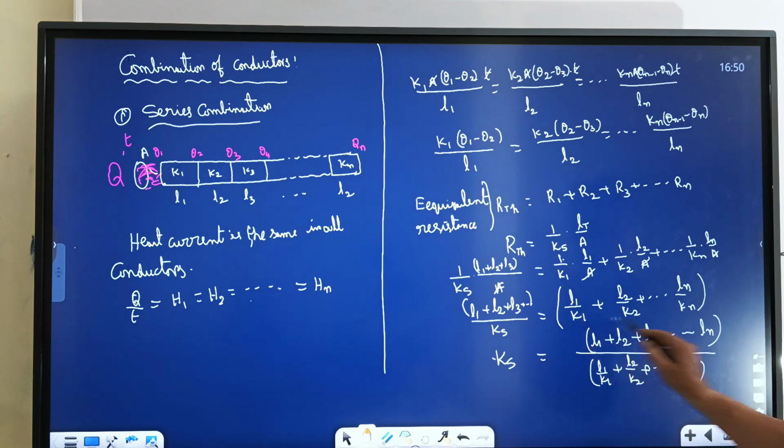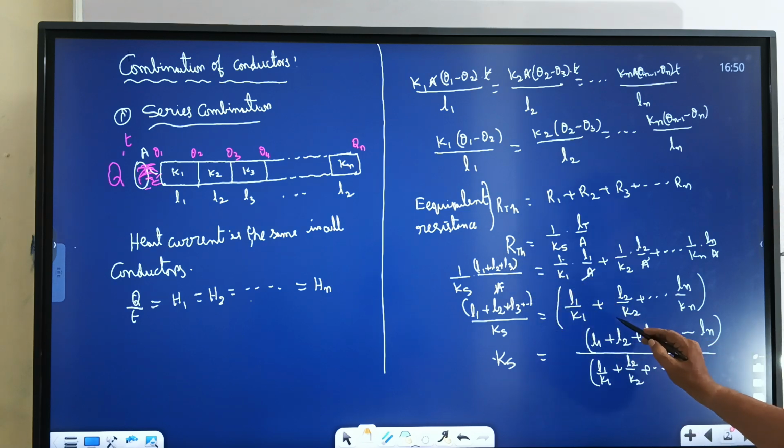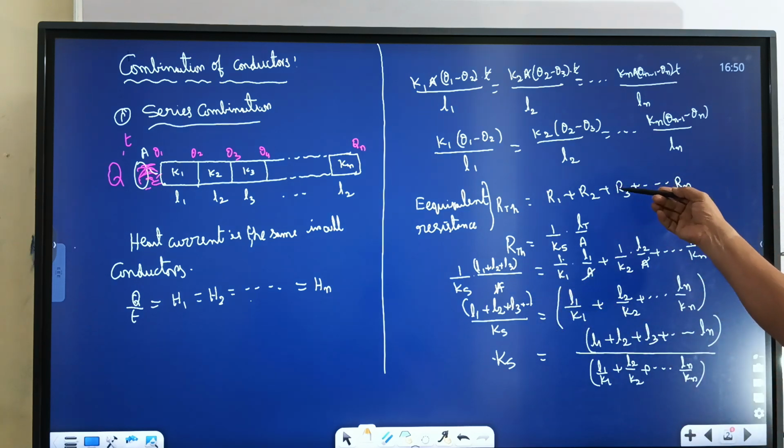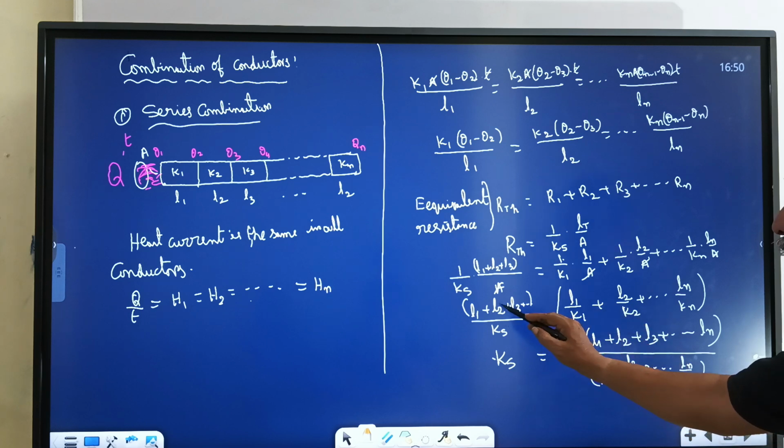What is the denominator here? On one side it is 1, and here Ks is there because it is a summation. So the complete denominator is 1. If I reciprocate, then 1 goes up, and this goes to the denominator.